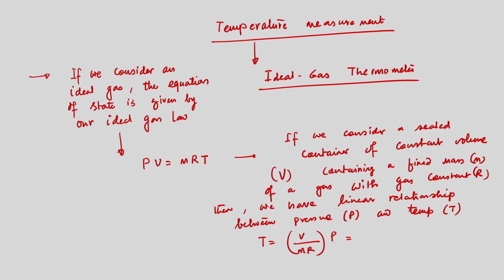V is constant because we have considered a sealed container having constant volume, of having fixed mass, that is m, and R is equal to constant. So, this is nothing but T1 by P1 into P.